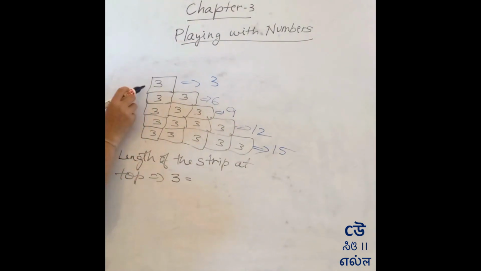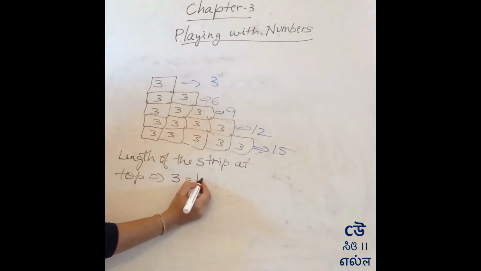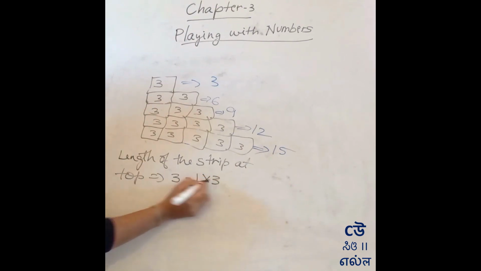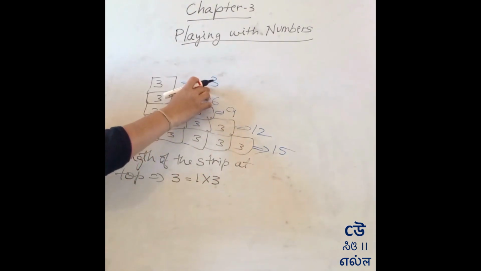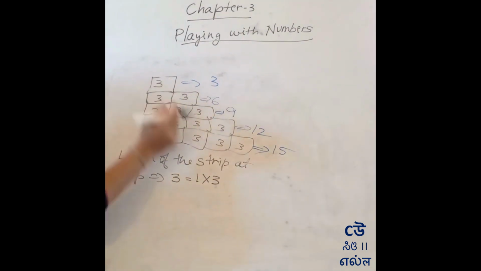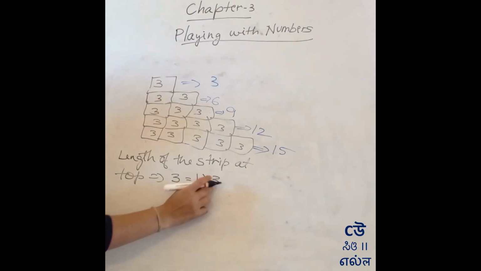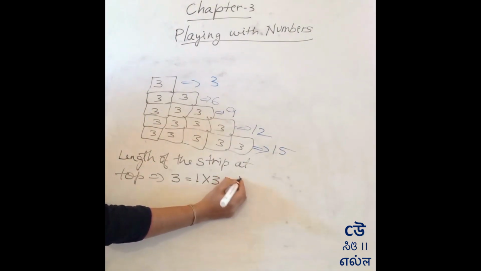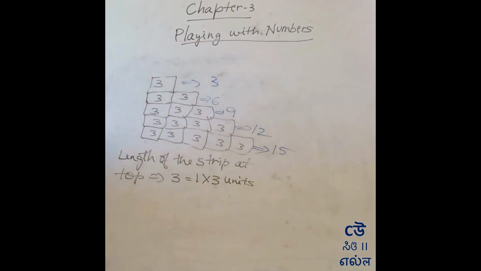We have how many strips? We have one strip. So the length is 3 we got, right? Then we have one strip. Then what is the quantity? 3 units. So we are writing 1 into 3. Understood, children? So we have 1 into 3 units of strip at the top.